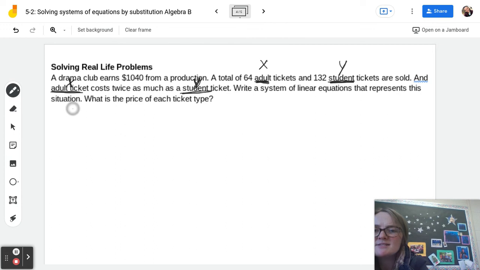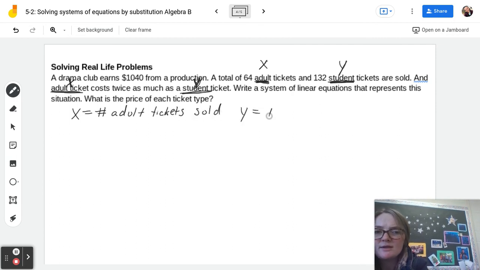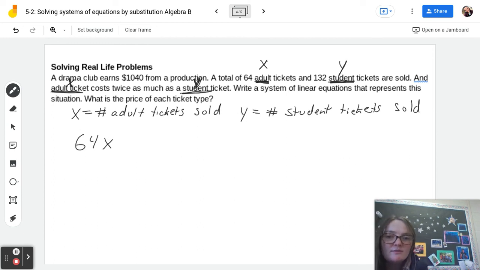Okay, well, I'm going to say that x equals the number of adult tickets sold. And then y is going to equal the number of student tickets sold. Just so we are clear on that. All right, I know that there are a total of 64 adult tickets, so I'm going to write 64 times x, 64 times the number of adult tickets.